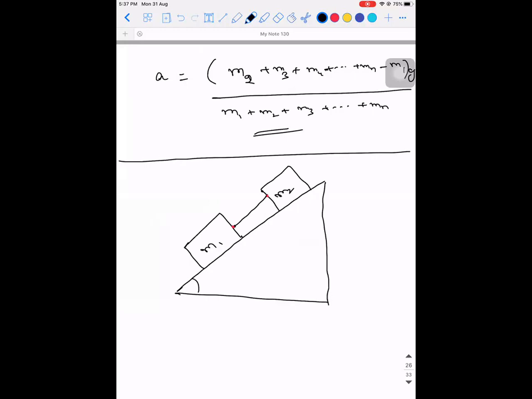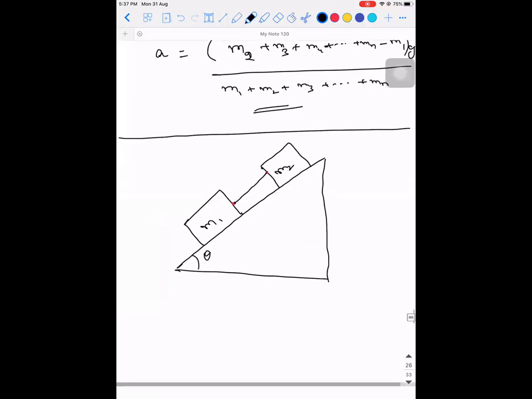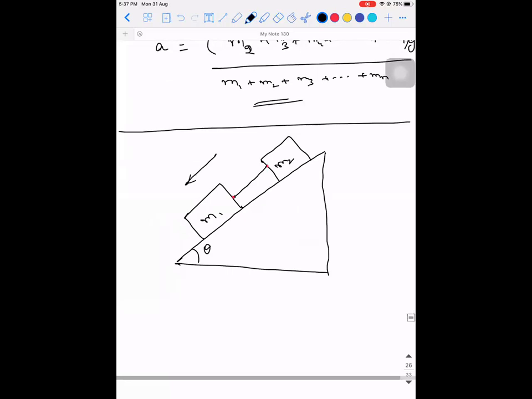So let me take this angle to be theta. Now, what is going to be the acceleration of this system? One thing I asked you to remember: whenever you have an inclined surface, what is the force that is acting along the surface?